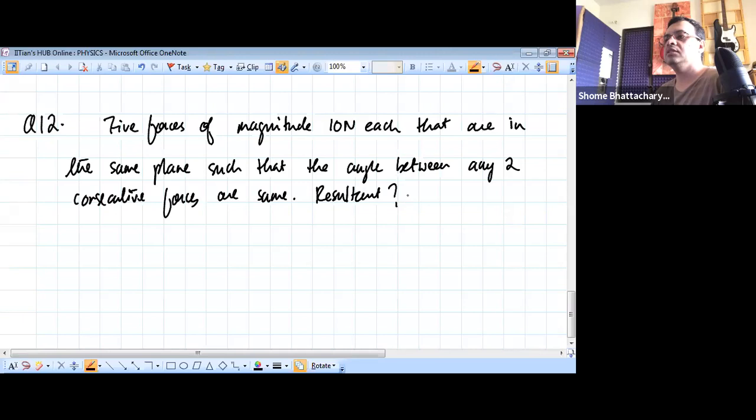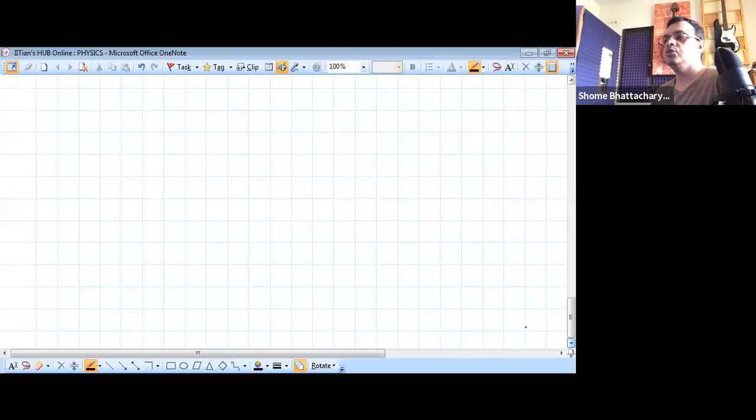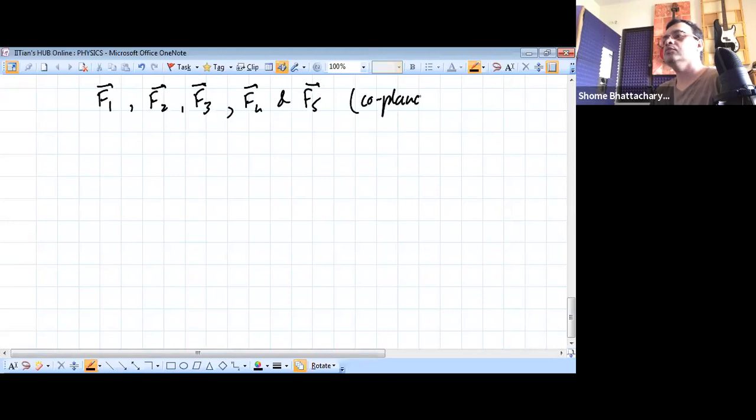So let us understand this by first figuring out geometrically what they mean by this. So let's interpret the language of the question like this, that suppose we have forces F1, F2, F3, F4 and F5, and they are coplanar, and their magnitudes are 10 newtons each.